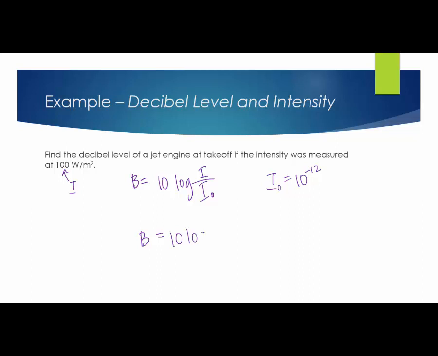So let's take 10 times the logarithm of 100 over 10 to the negative 12. Plugging this into my calculator, which shouldn't be too bad because this is a power of 10 ultimately, 10 squared over 10 to the negative 12, this is just 140. 140 decibels.